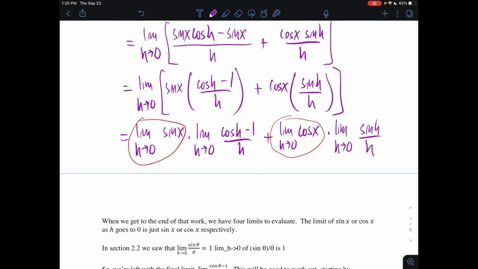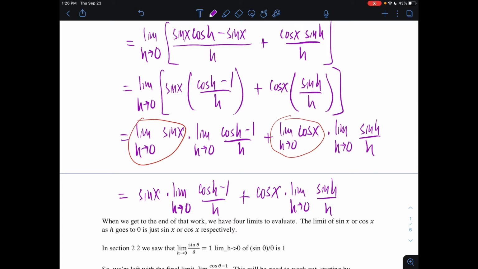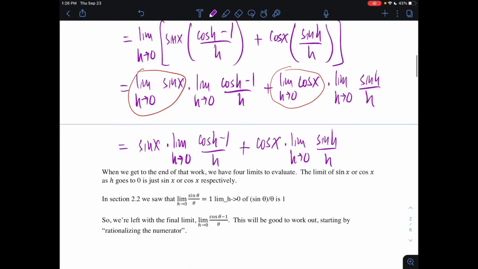So in fact, what I really get is sine x times the limit as h approaches 0 of cosine h minus 1 over h plus cosine x times the limit as h approaches 0 of sine h over h. So now I just have 2 limits left to evaluate.